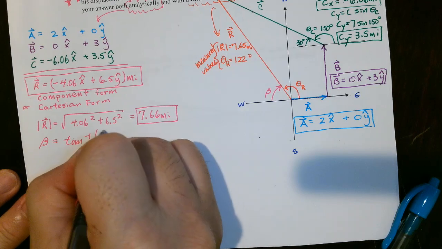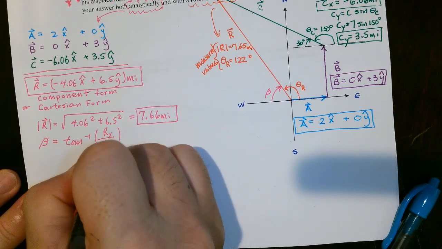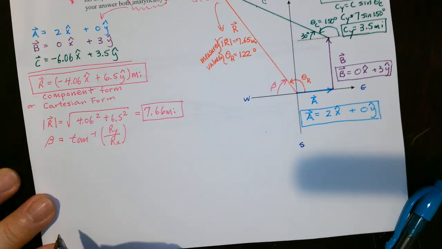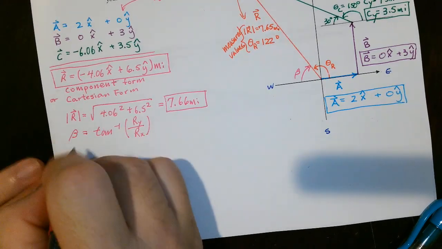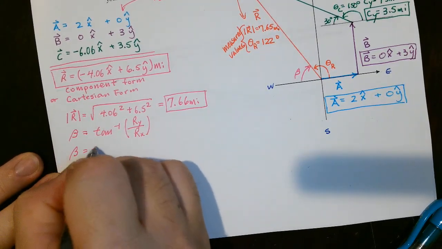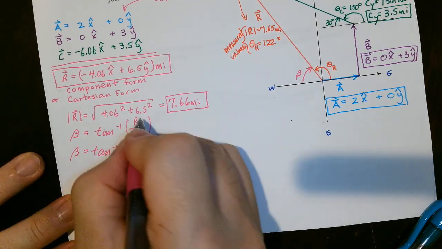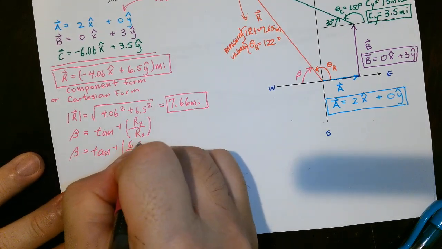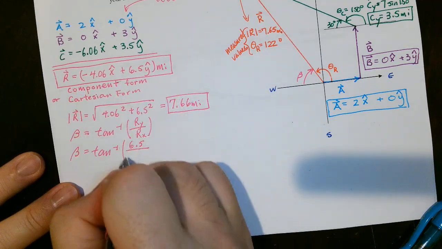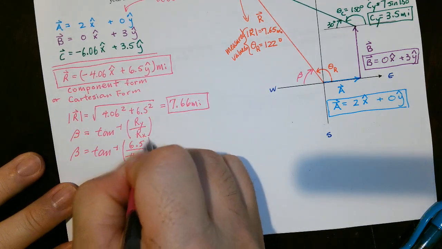My beta is equal to tan inverse of ry over rx, which is 6.5 over negative 4.06.